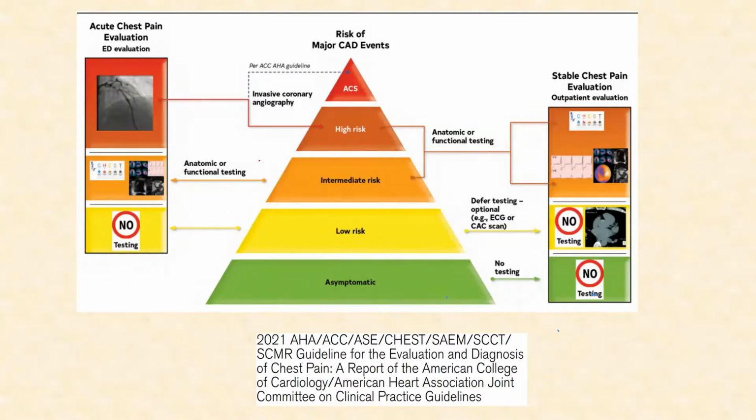High risk, you may go for coronary angio or further non-invasive testing, while intermediate risk patients go for non-invasive testing. I think this is important, and I can't overemphasize the importance of this. And I think you have gone through this so many times, so I'm hopeful that you know that so well.